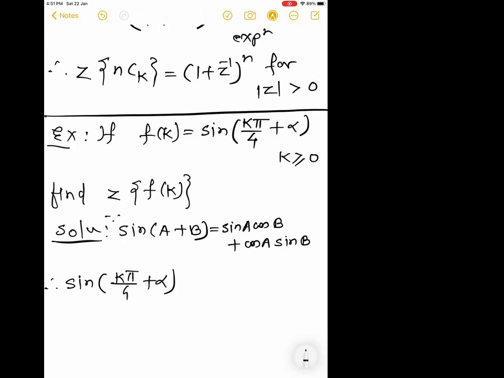Just find out what is sine of k pi by 4 plus alpha.